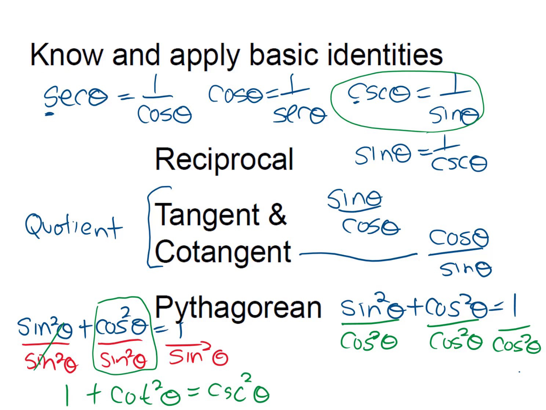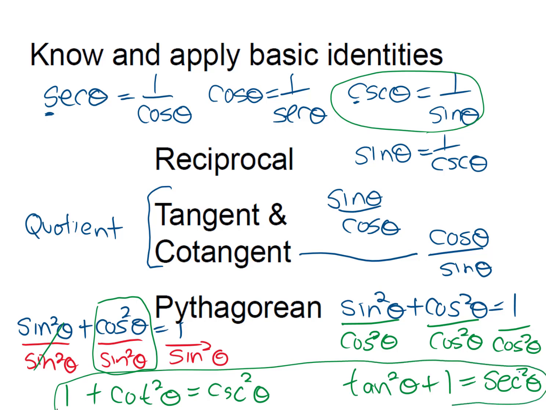Sine over cosine is tangent, and it's got a squared on it, so that's tangent squared theta plus cosine squared over cosine squared is 1, and 1 over cosine squared theta, well, that is secant squared theta. So there's our other Pythagorean identities down here on the bottom, and then you could solve them for one of the other terms if you needed to, depending on how you wanted to use it.